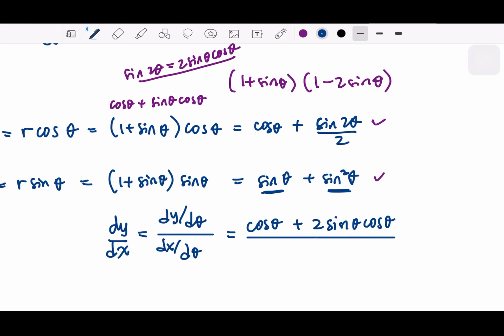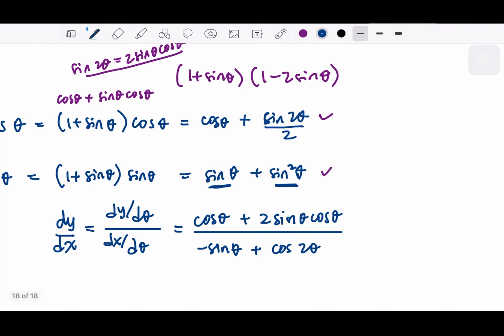And dx over d theta will be minus sine theta plus cos 2 theta. So we can write dy over dx as cos theta plus sine 2 theta, over minus sine theta plus cos 2 theta.